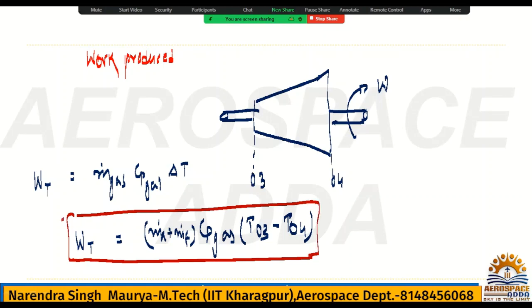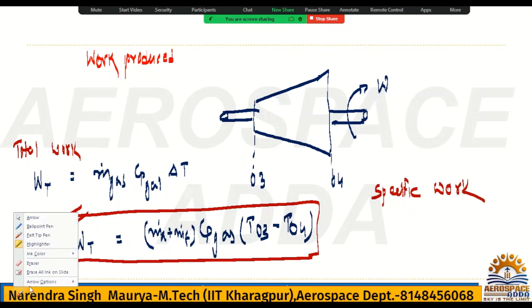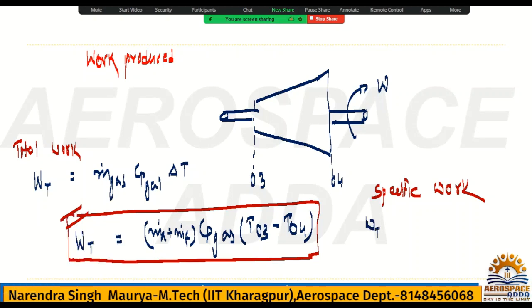But most of the time you will talk about the specific work. Okay, this is the total work. What is the specific work? It will be work per unit mass. So I will denote it by small w, which is nothing but Wt divided by mass, and it is now only Cp gas into (T03 minus T04).